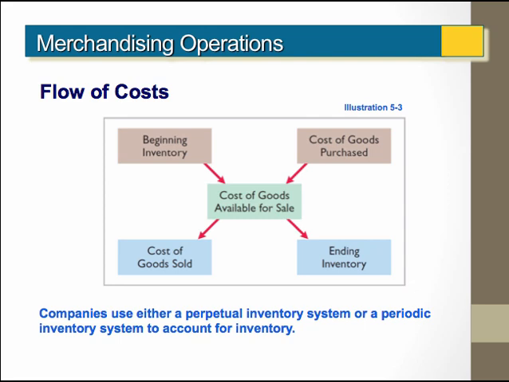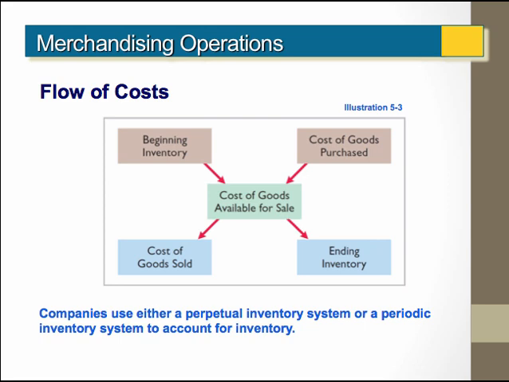Next period, the ending inventory in this period will become the beginning inventory in the next period. So in other words, we could create an equation of beginning inventory plus the cost of goods purchased equals the goods available for sale. Then we can subtract out the ending inventory to get the cost of goods sold.